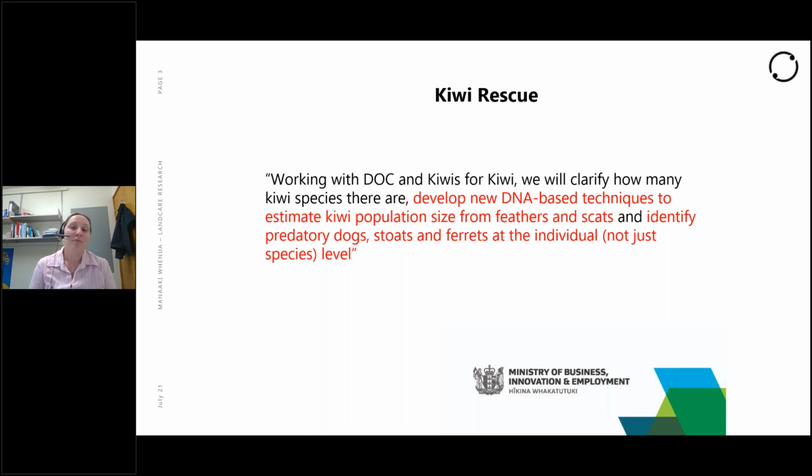So today, I'm going to talk to you about the bits in red there. Essentially, how can we use DNA to better estimate how many Kiwi there actually are out there, and also to understand those predator-prey dynamics.